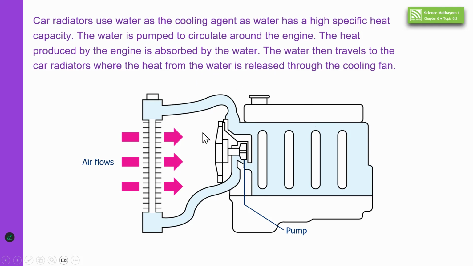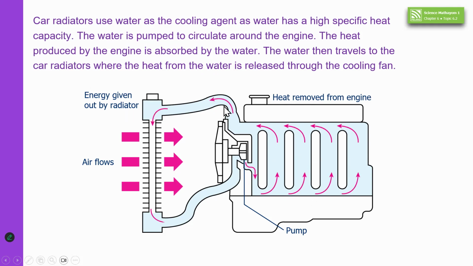The water then travels to the car radiators where the heat from the water is released through the cooling fan. All right? So this is heat removed from the engine. You see the energy given out by the radiator. You'll understand how the water travels around the engine that cools the engine. All right? This is the car radiator.